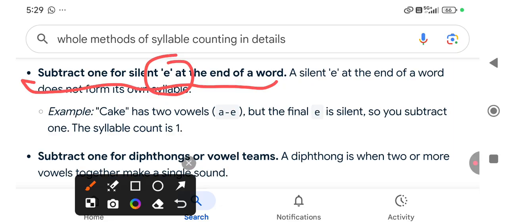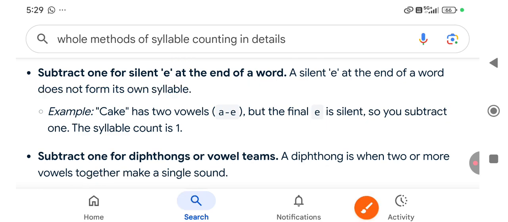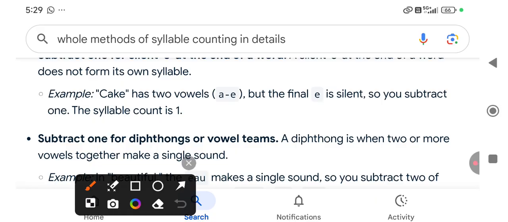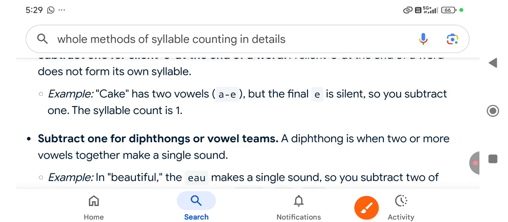A silent e at the end of the word does not form its own syllable. It is not playing any role in making a syllable. Example, cake. It's not cak-e, it's cake. E is silent in this case.